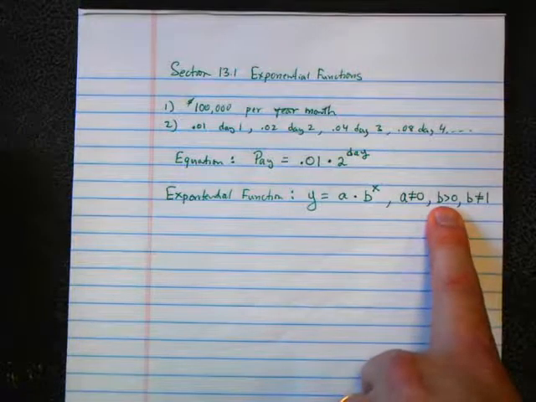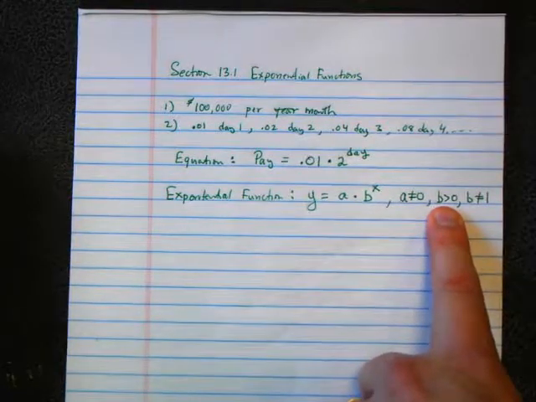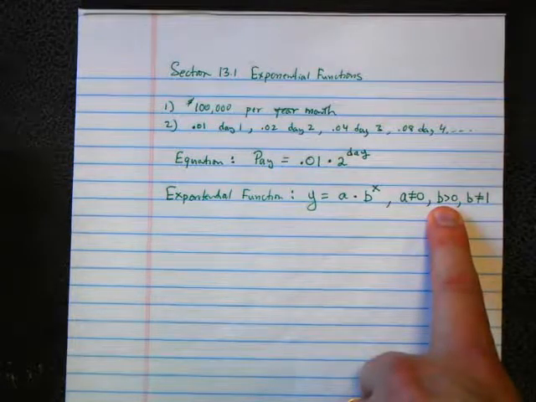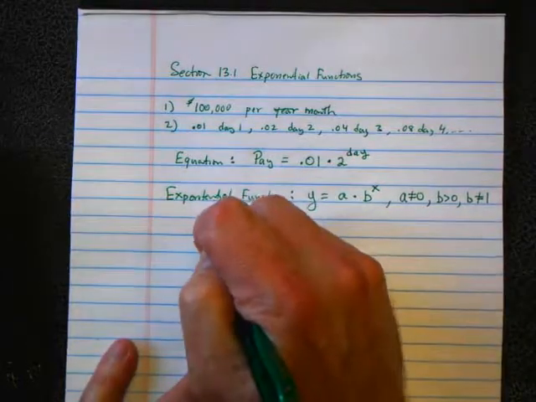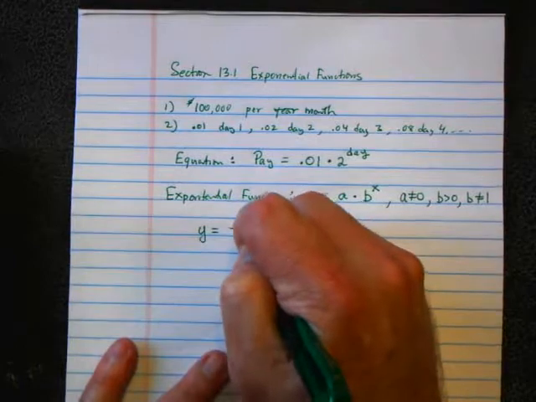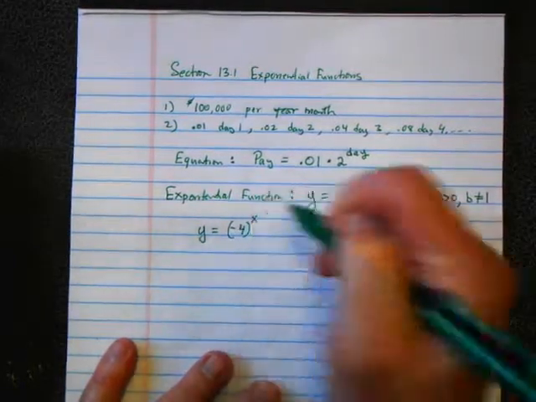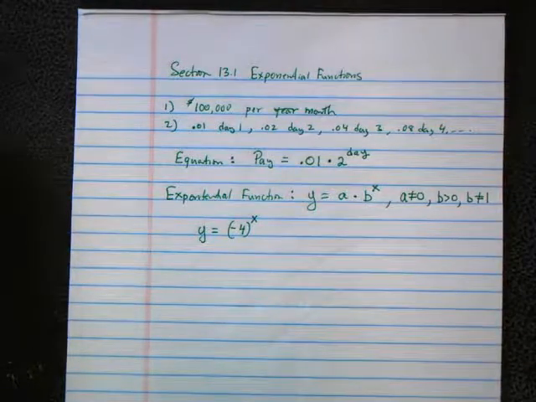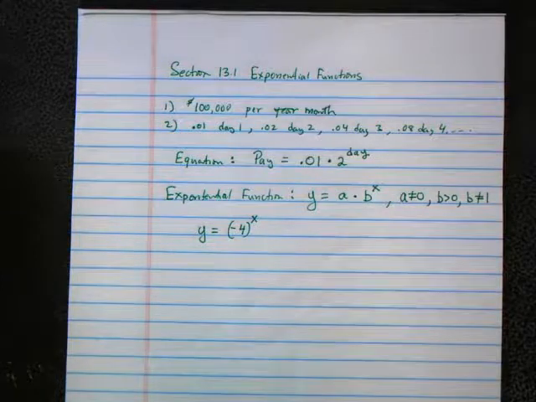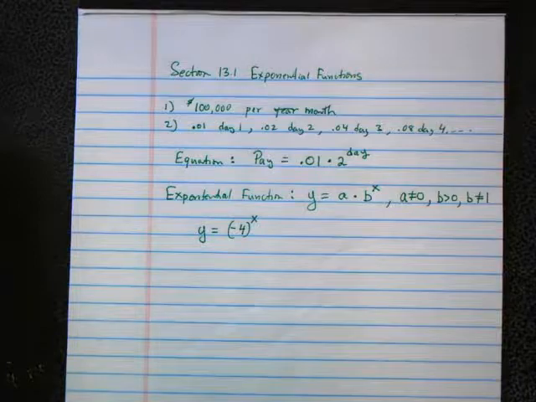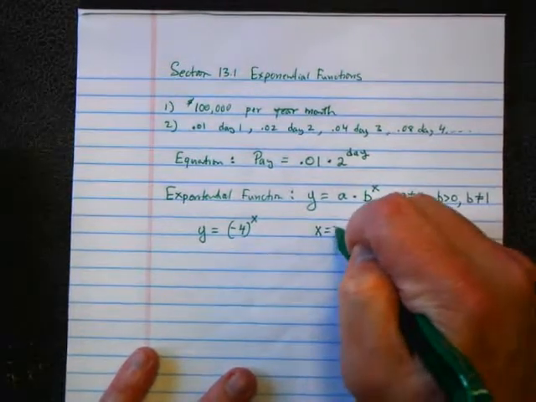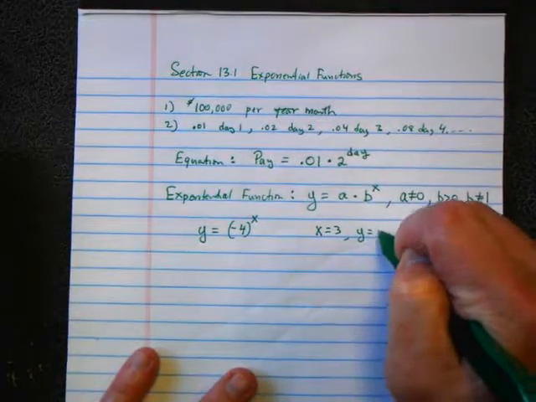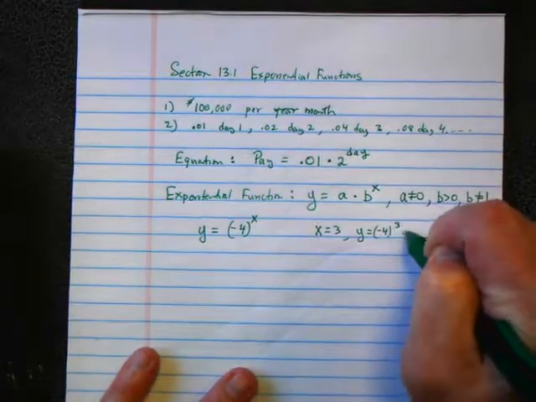Now, how come B has to be positive? Well, what if I just had Y equals negative 4 to the x? What's wrong with that? If x is 3, then y is negative 4 cubed, which is negative 64.